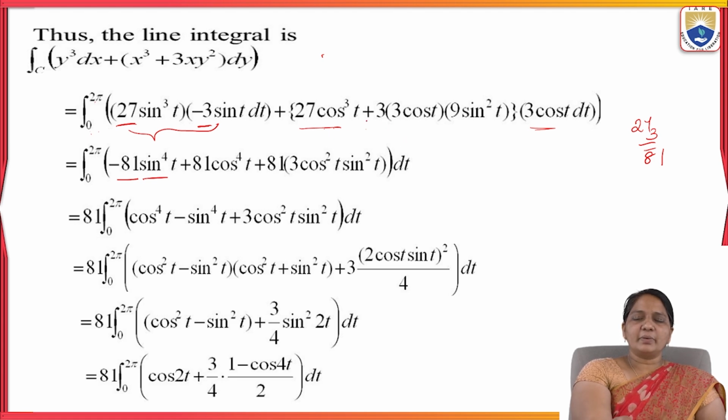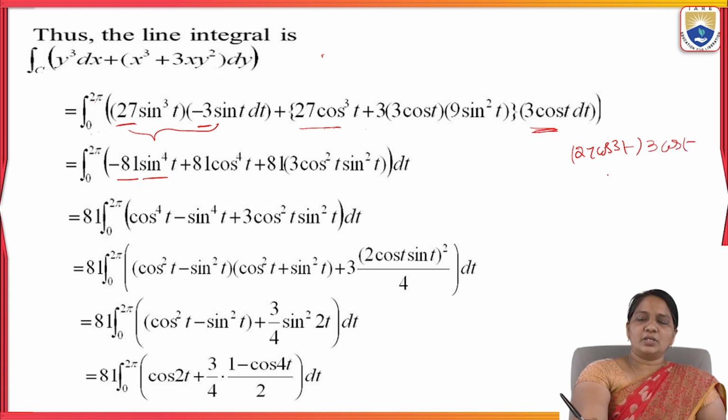Here we can multiply this one with the cos. So 27 cos cube t into 3 cos t. So now 27 into 3 is 81. Cos cube t into cos t is cos power 4.